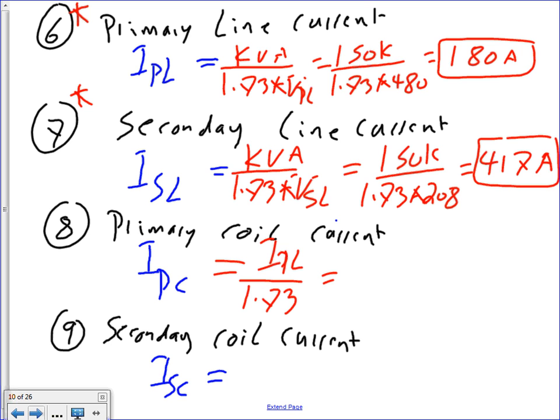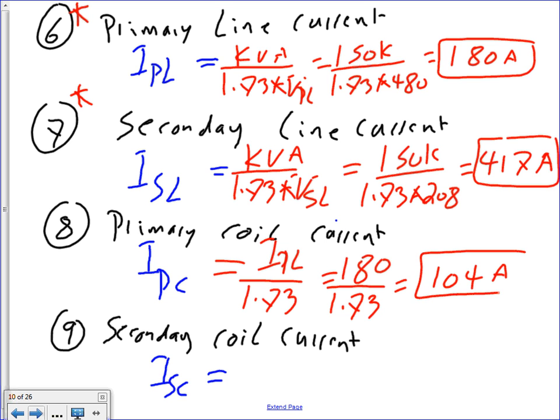Where's my line? It is 180. Divide this by 1.73, the square root of 3, and that will get me 104. Can you guys verify that one? 104.